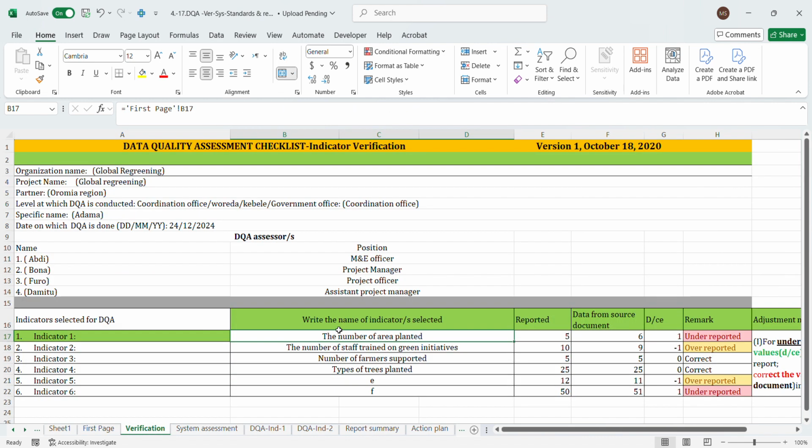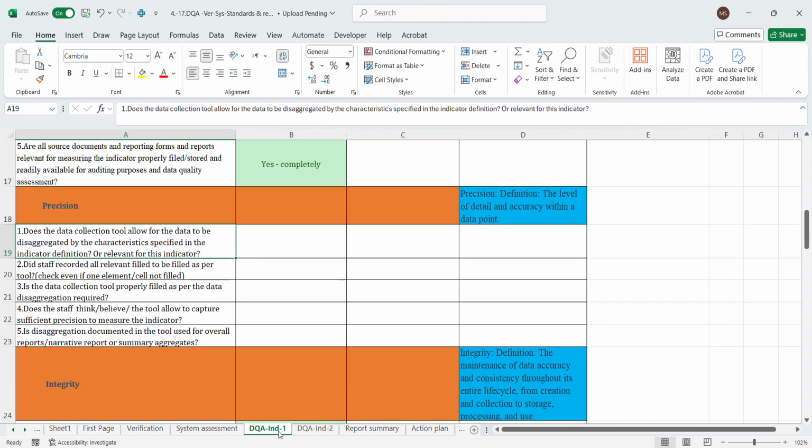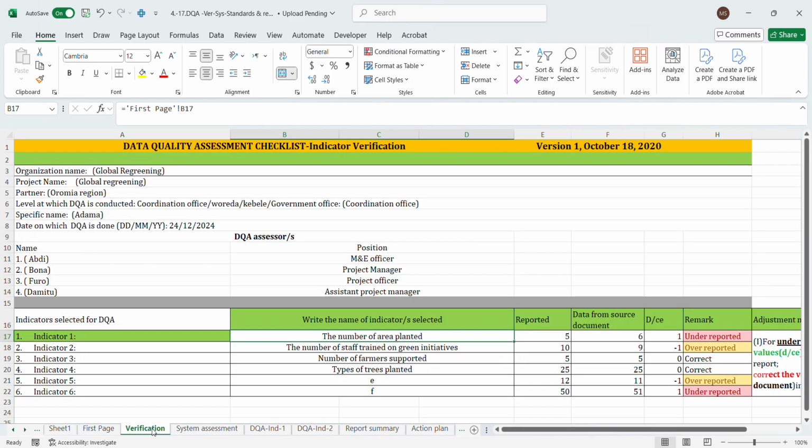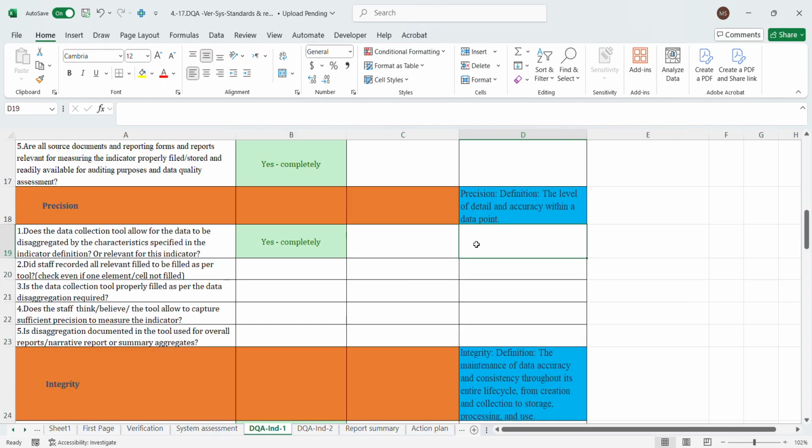For this indicator, probably this can be disaggregated by a number of factors. For example, we can say yes completely.